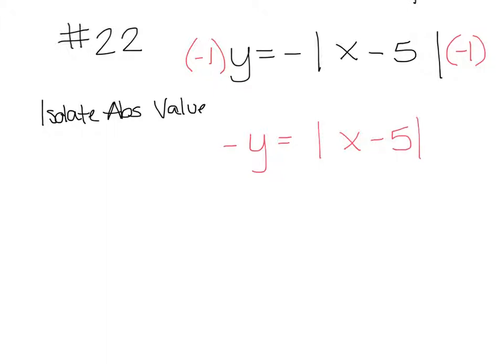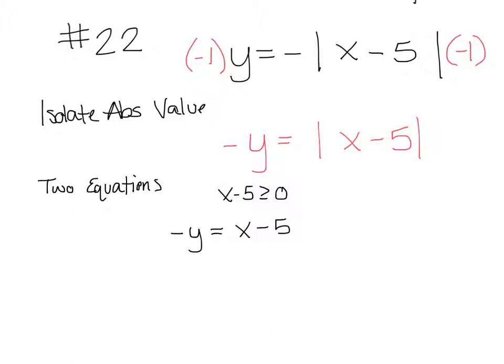Okay, now we need our 2 equations. You don't have to write those titles out on your homework if you don't want to. Okay, we'll have the one for when x minus 5 is positive. So we just write it how we see it. So negative y equals x minus 5. That's how we see it without absolute value.